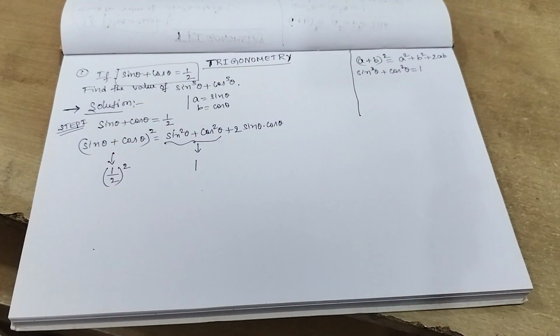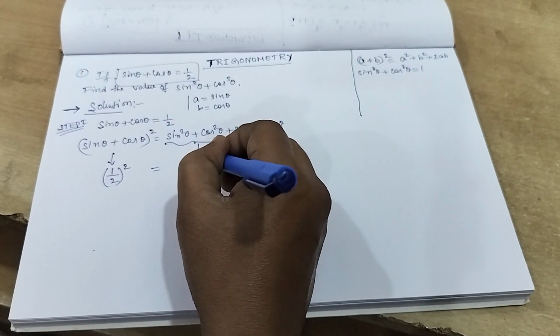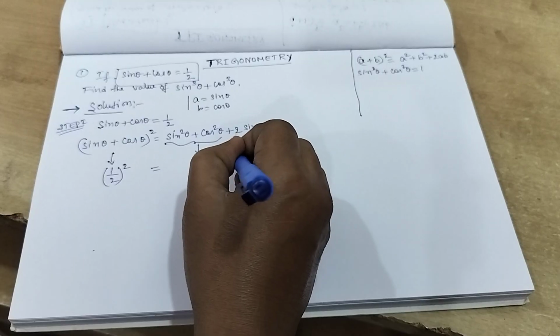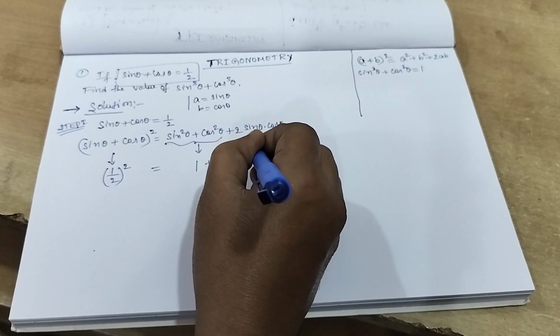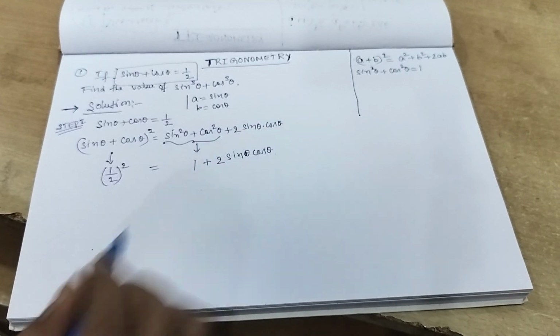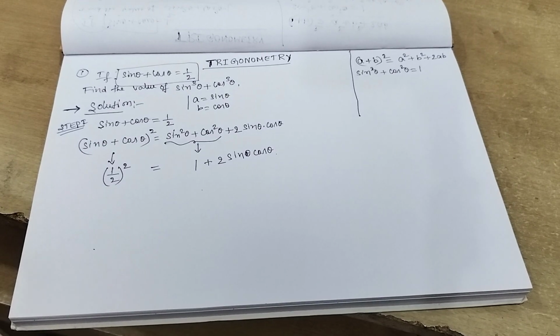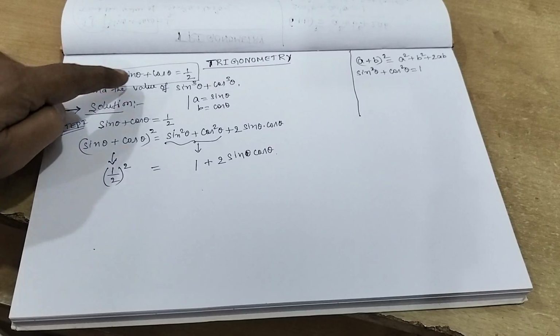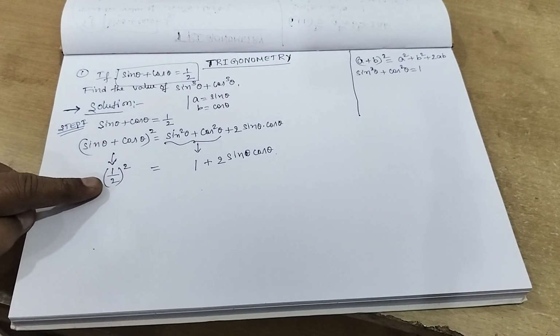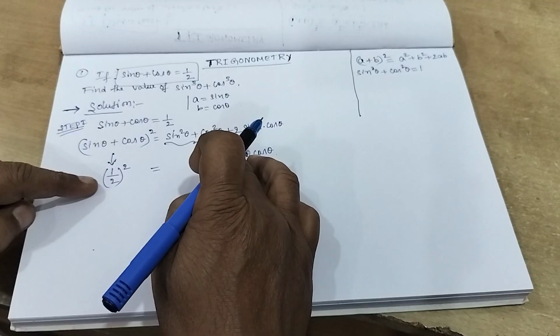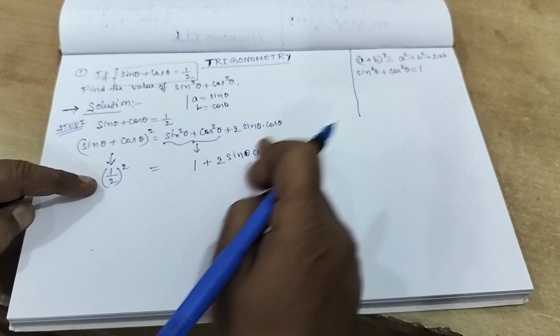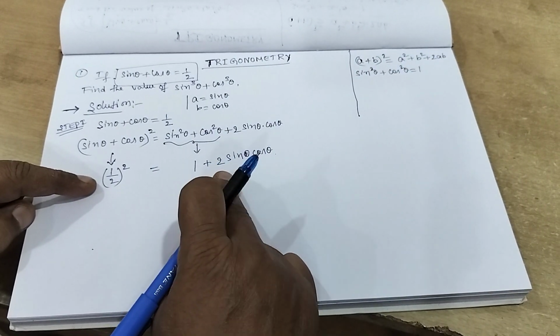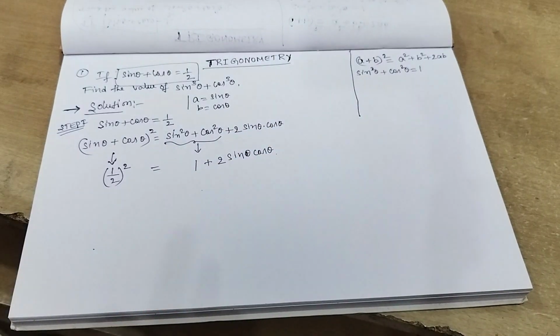The square is at the top, and in between we have the equal sign, followed by 1 plus 2 sine theta cos theta. I hope this step is clear to everyone, right?